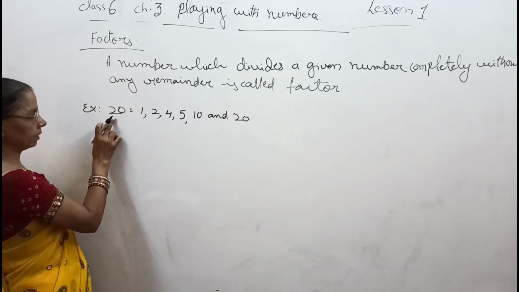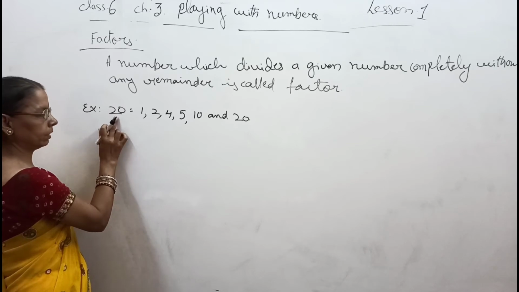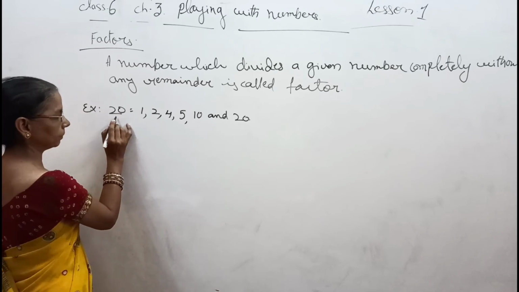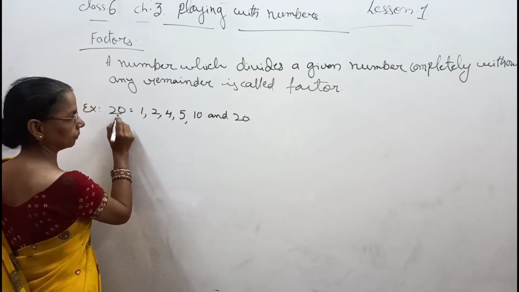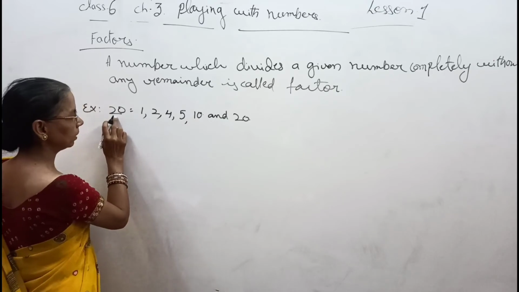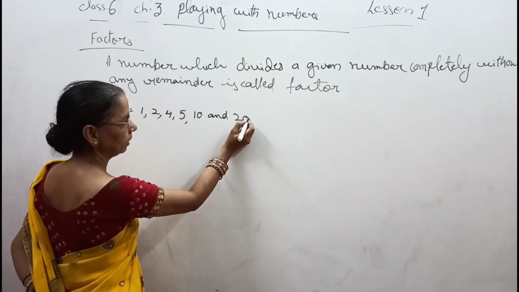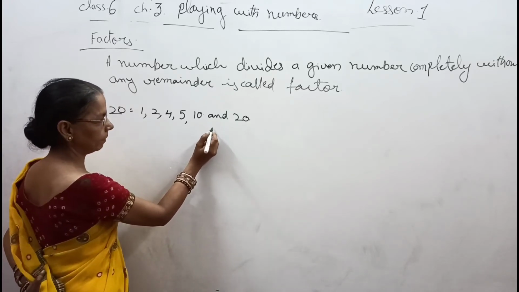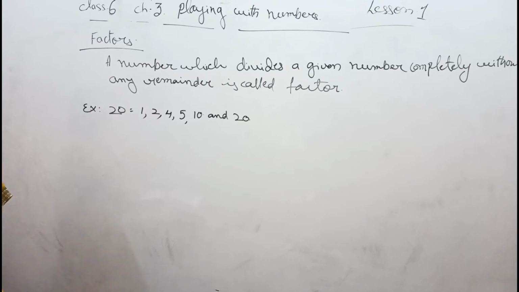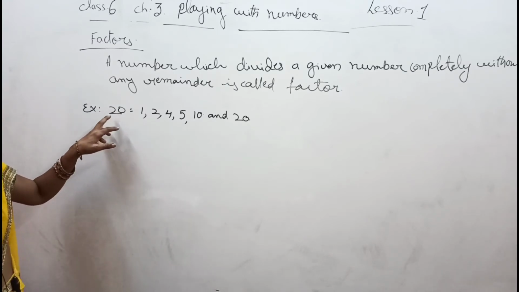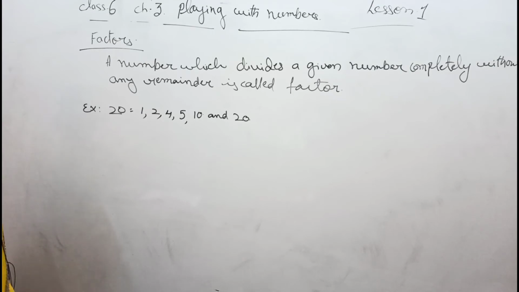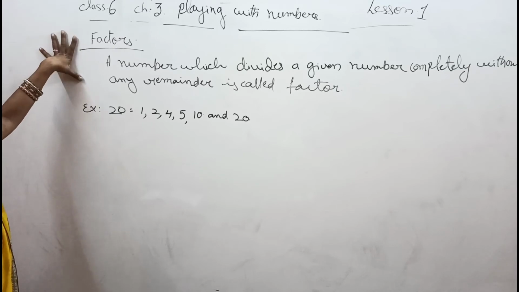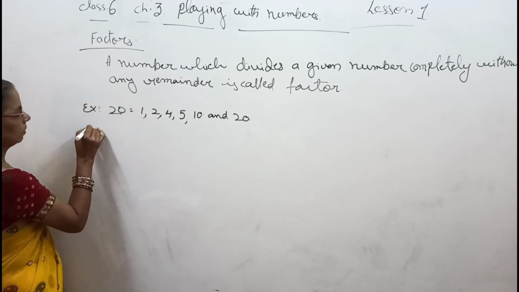By 1 we divide it: 1 times 20 is 20, then 2 times 10 is 20, then 4 times 5 is 20, then 5 times 4 is 20, then 10 times 2 is 20, and 20 times 1 is 20. In these we don't have any remainder. The number will be divisible completely. I hope that you have understood factors, and now I will go for multiples.